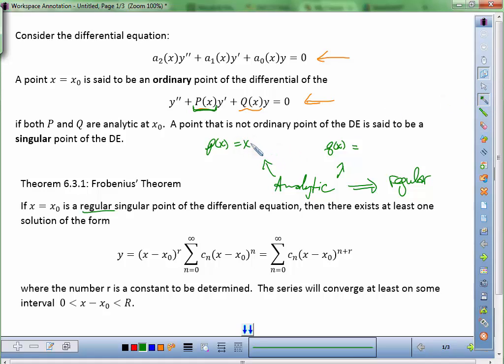This would be x minus x naught multiplied with capital P of x, and x minus x naught squared times capital Q of x.